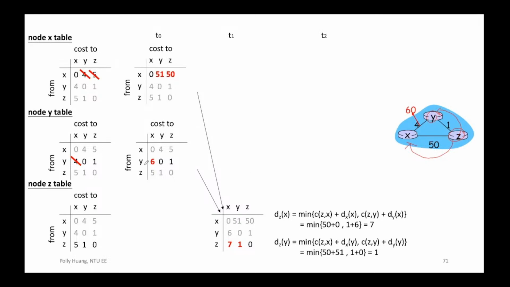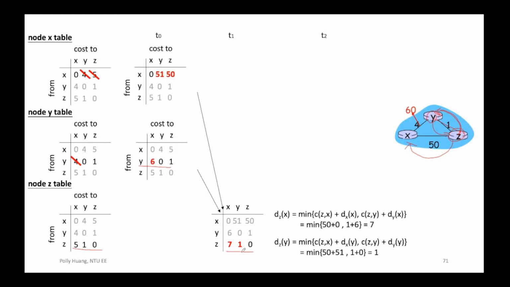But you see, y here thought the shortest distance to x is 6, and the next hop is z. Yeah, because z knew a way much earlier, saying the shortest path to x is 5, and next hop is y. So you see we have actually looped 1.5 times on link y and z trying to develop what is the true shortest path.